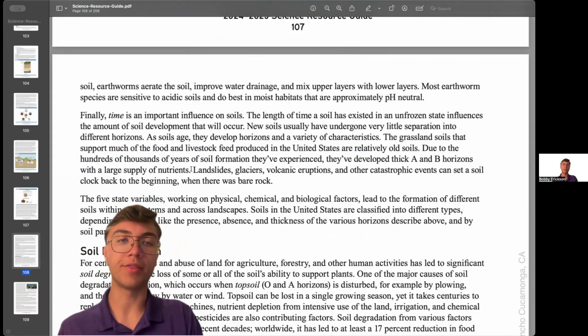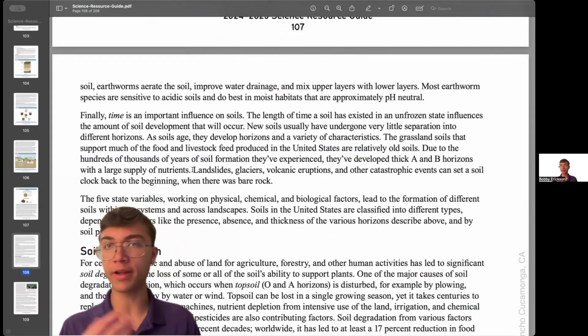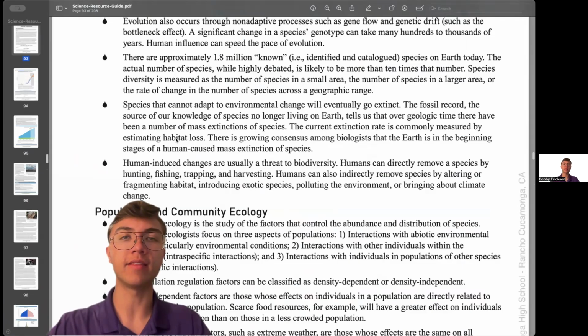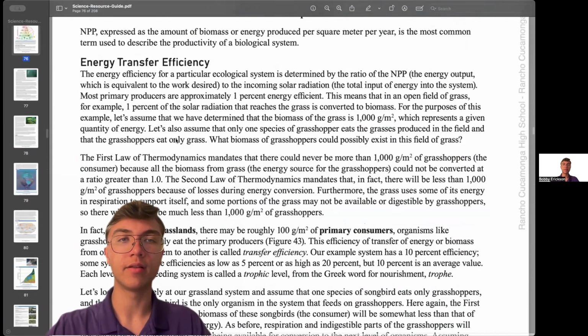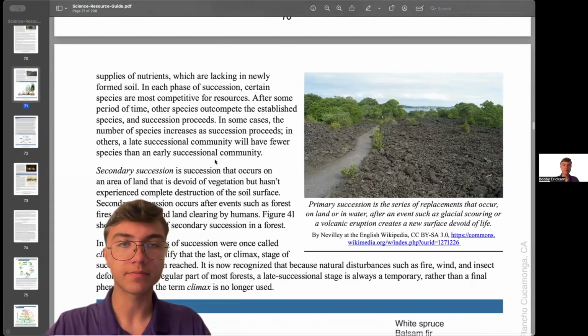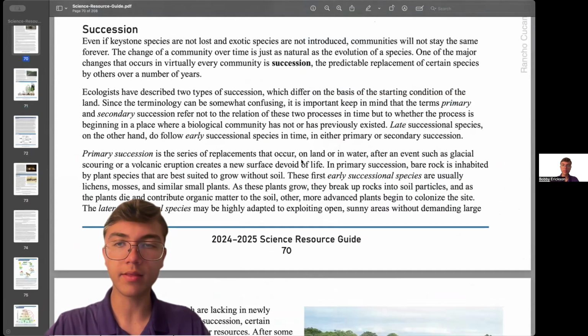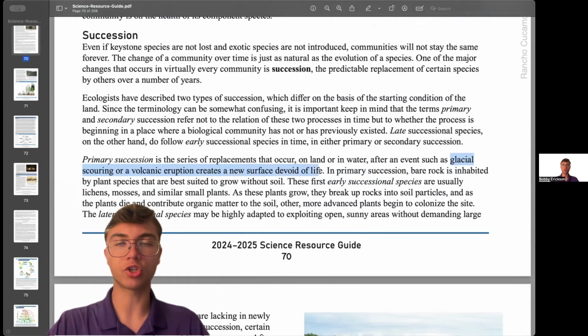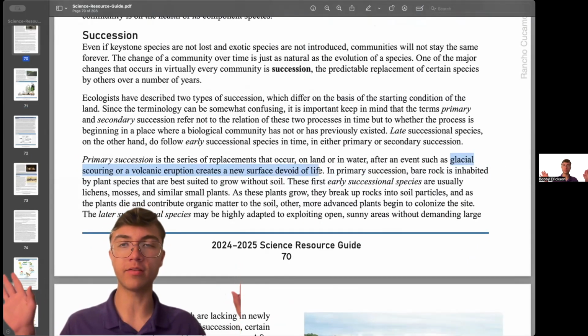Now, if we're thinking about what brings back all the soil, we can even go back to section 2 for this, in the succession little talk here. In succession, we talked about how a glacial scarring or volcanic eruption can wipe out the surface. It can destroy it.